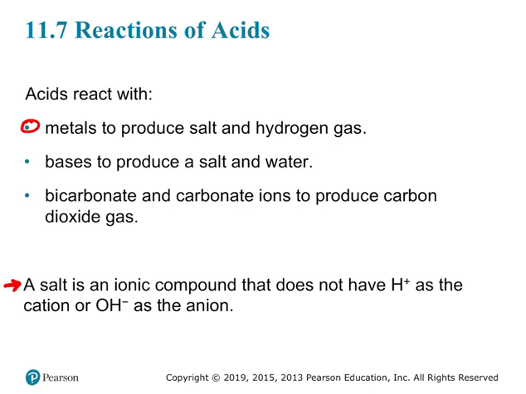So it's not just sodium chloride, which is our typical table salt. A salt is any ionic compound that does not have a hydrogen ion as the cation or hydroxide as the anion. So it's not an acid or a base, but it is an ionic compound. So we'll see some examples of this in a bit.